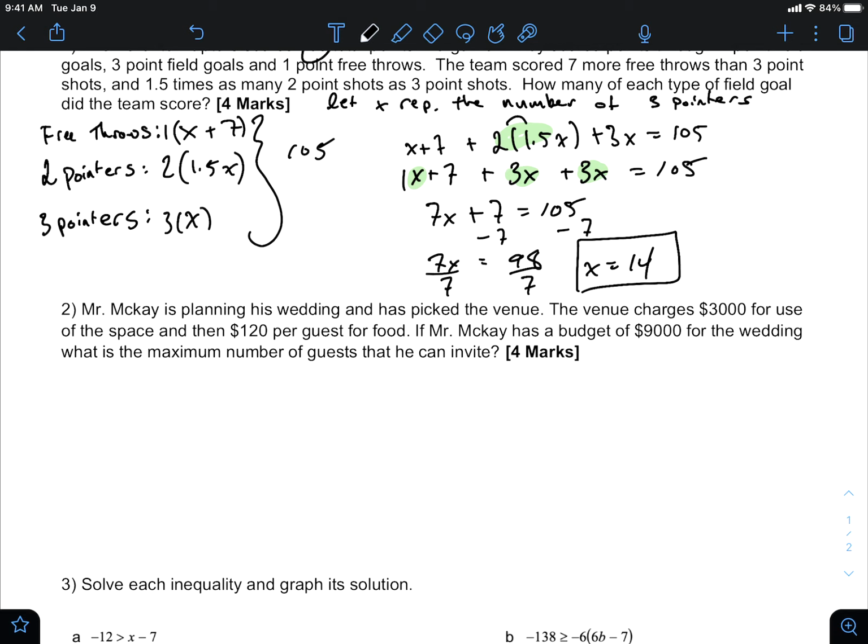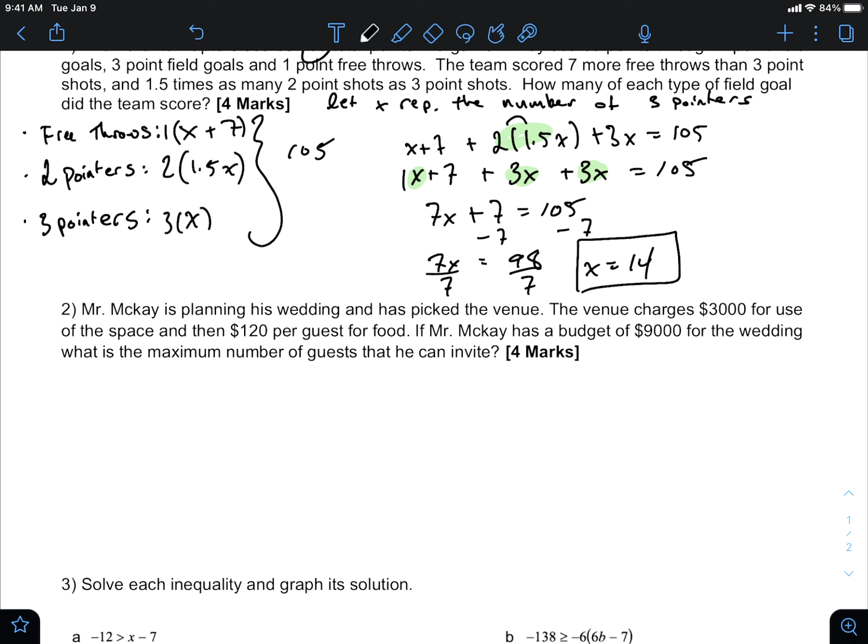You know what x is. So now go back. You also have 3 different expressions to represent the number of shots scored in each situation, right? So we're just going to substitute.